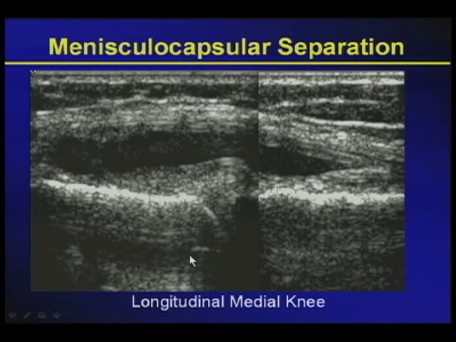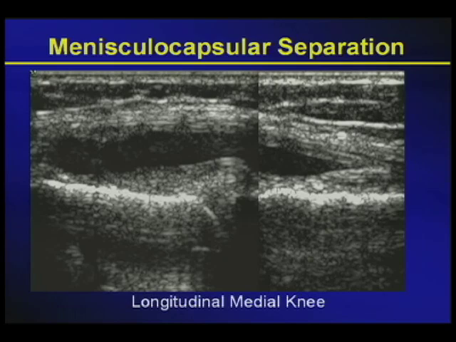Another defect that could probably be appreciated better on ultrasound than MR is meniscocapsular separation, because the fluid over this area can mask out any changes of the meniscus.